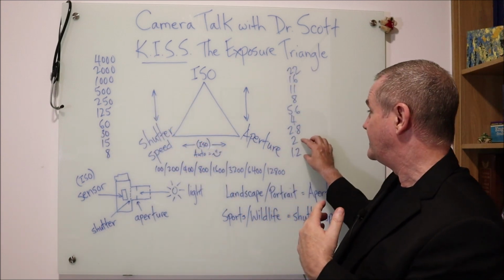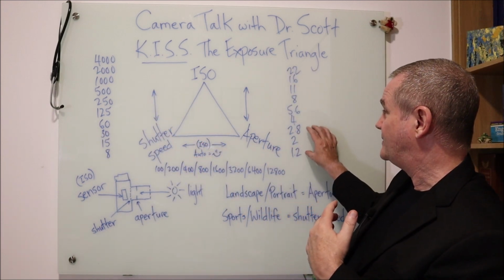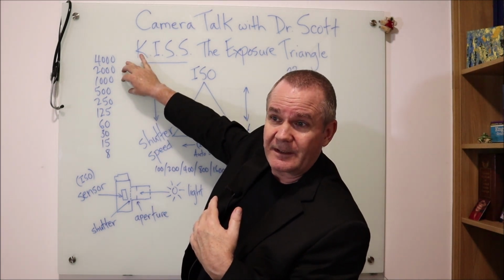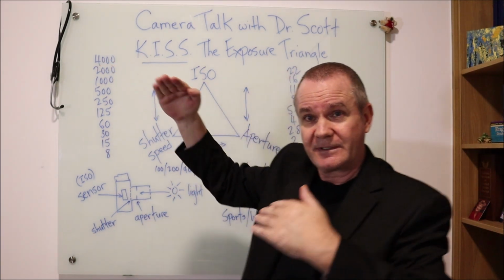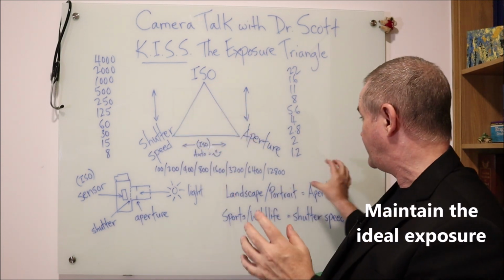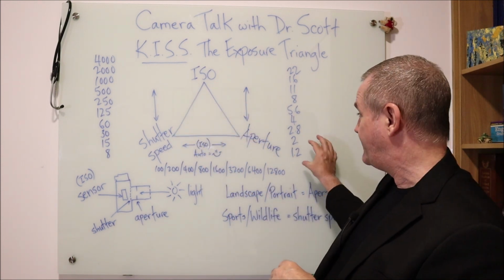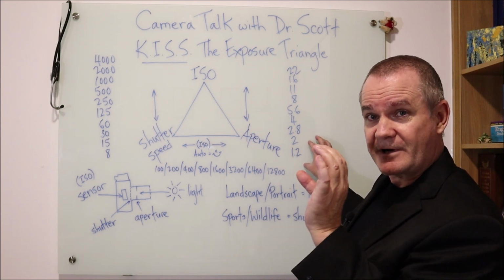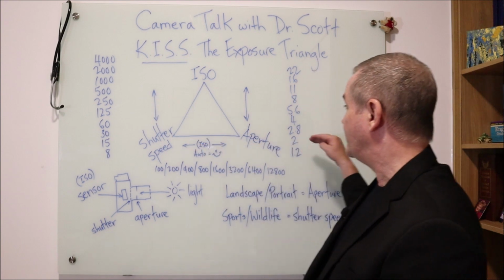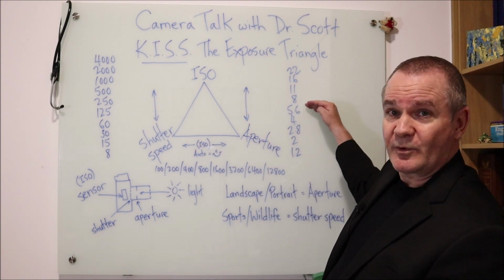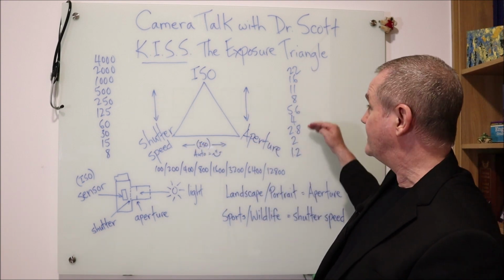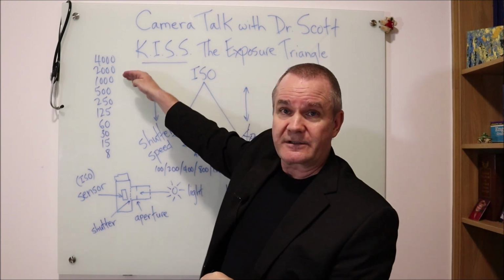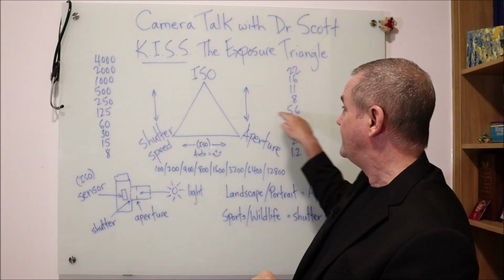So if you're down here at the f1.2 to f2.8, your shutter speed by default is going to be up here at this speed to be able to make the best photograph that you can with this larger aperture. And so therefore, if you start moving this up the scale here, which means you're closing down your aperture as you come up, your shutter speed is also going to come down until they match each other.